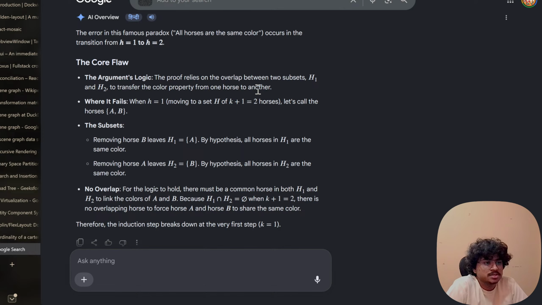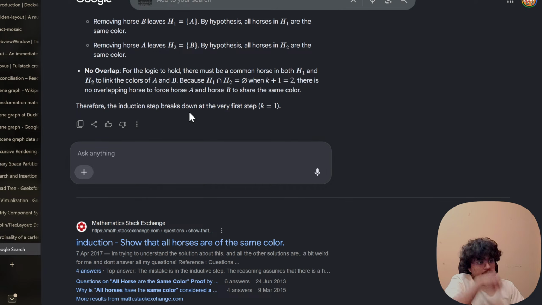Let's call the horses A and B. Removing horse B leaves H1, A. By hypothesis, all horses in H1 are the same color. Okay. No overlap. For the logic to hold, there must be a common horse in both H1 and H2 to link the colors of A and B. This is why, when k plus 1 is equal to 2, there is no overlapping horse to force horse A and horse B to share the same color. Therefore, the induction step breaks down at the very first step, k equals 1.